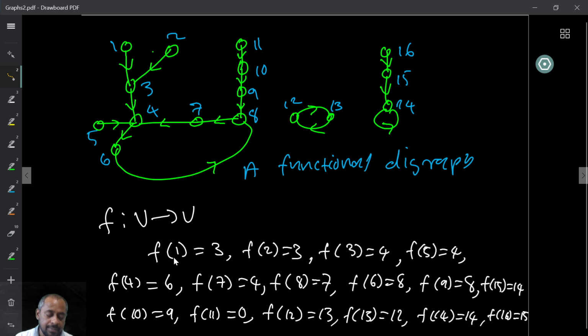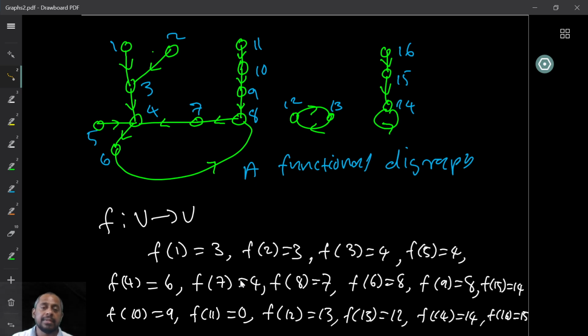So you can see the definition of the function that we have represented in this functional diagram as f of 1 is equal to 3, f of 2 is equal to 3, right? So 1 and 2 are mapped to 3. Similarly, 3, 5 and 7 are all mapped to 4. You can see that here. And similarly, you have the other vertices mapped to other vertices.